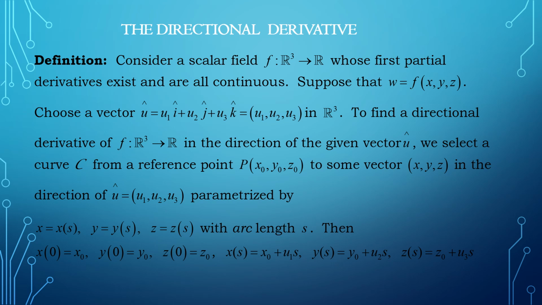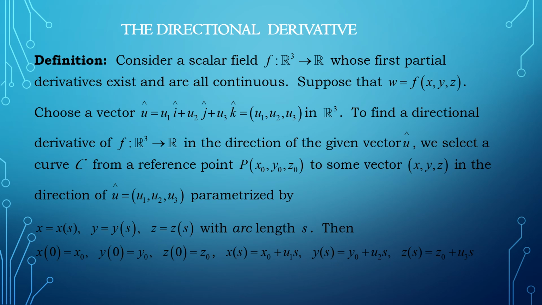Let this point be P. Now let us draw a curve C from this reference point or an initial point, say P x0 comma y0 comma z0 to some other vector x comma y comma z in the 3D space. The direction must be in the direction of our prescribed vector u cap.